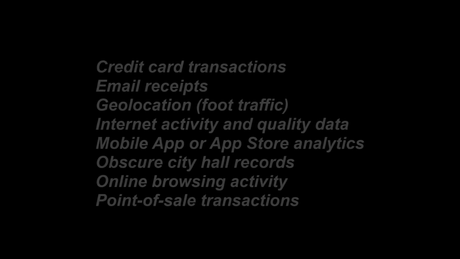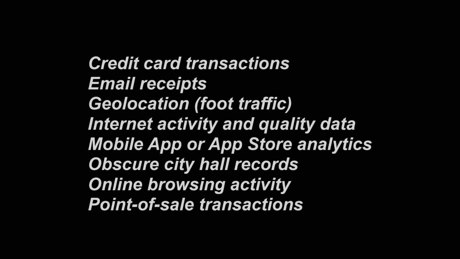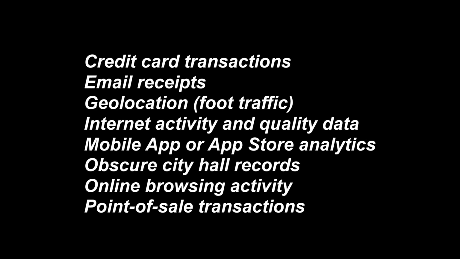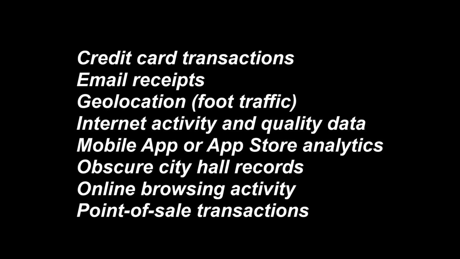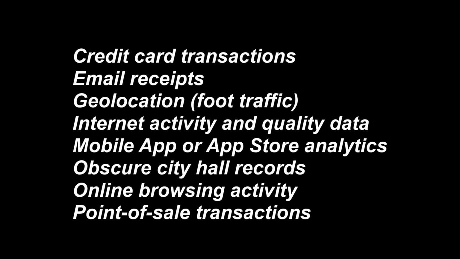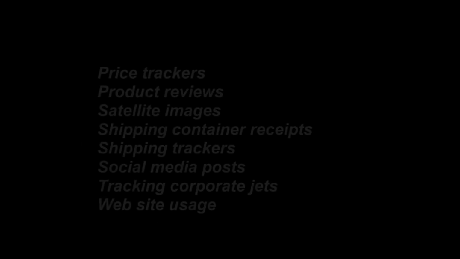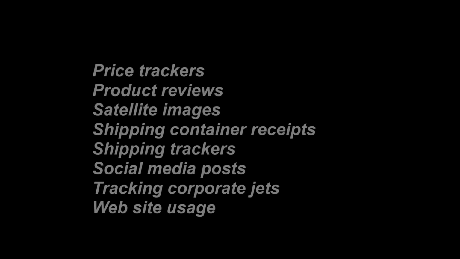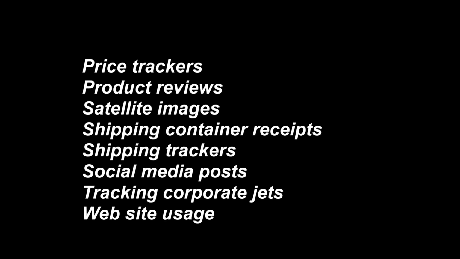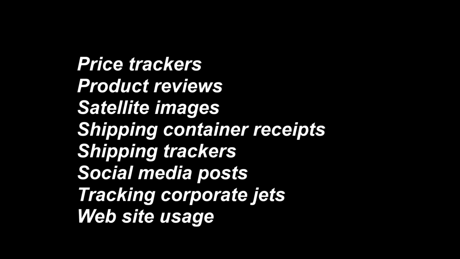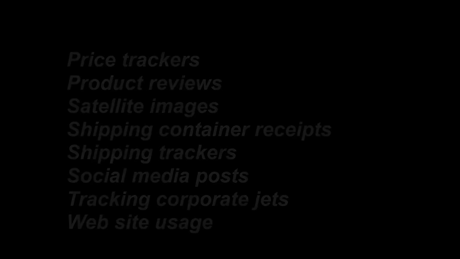Credit card transactions, email receipts, geolocation, foot traffic, internet activity and quality data, mobile app or app store analytics, obscure city hall records, online browsing activity, point of sale transactions, price trackers, product reviews, satellite images, shipping container receipts, shipping trackers, social media posts, tracking corporate jets, website usage.